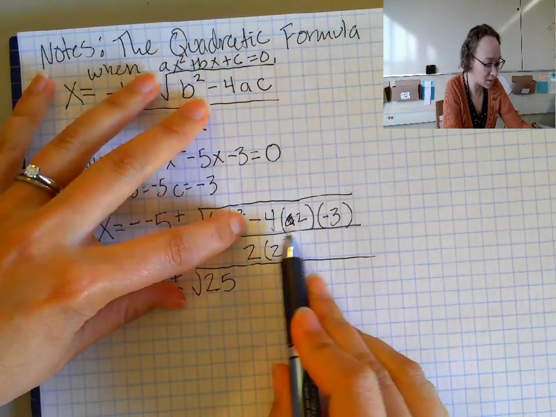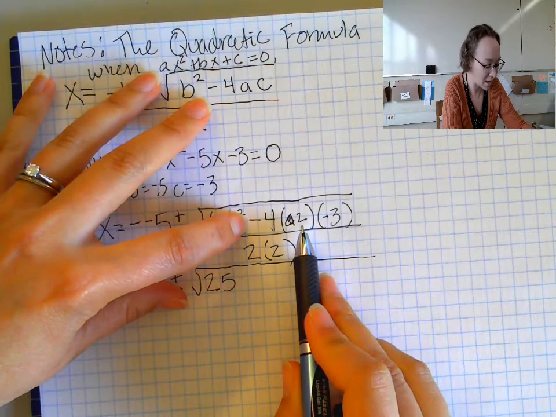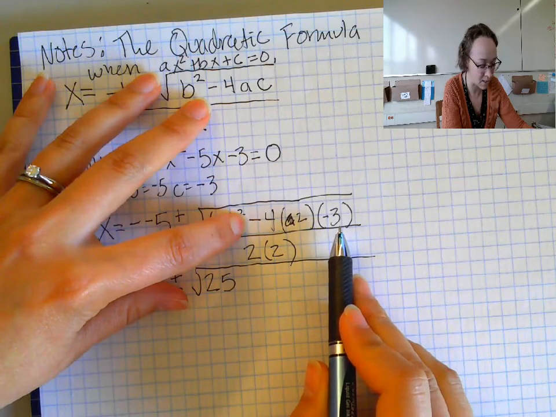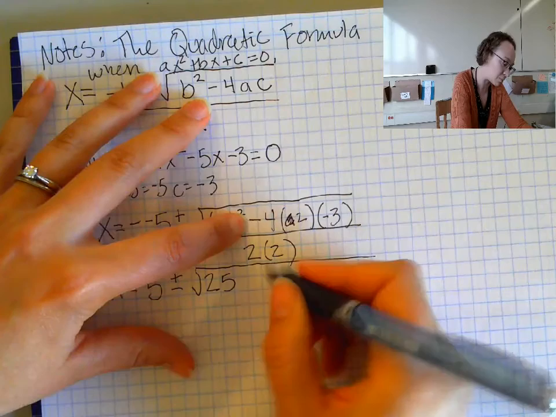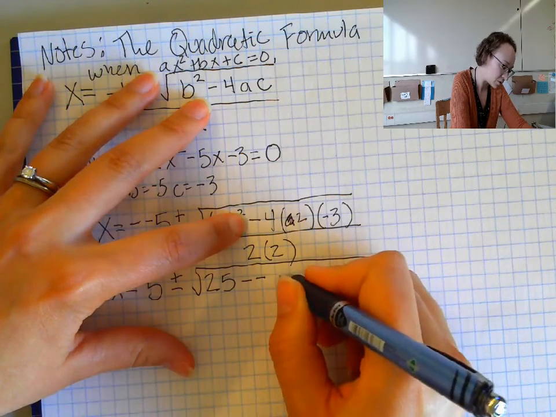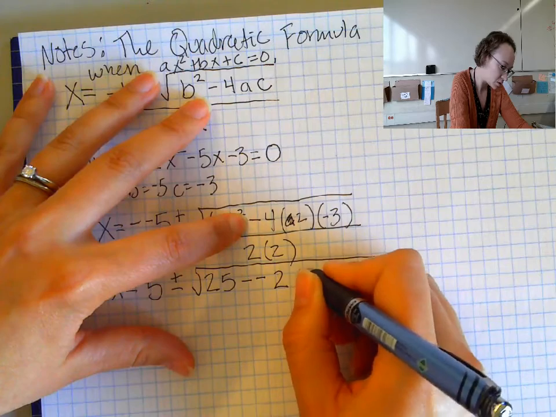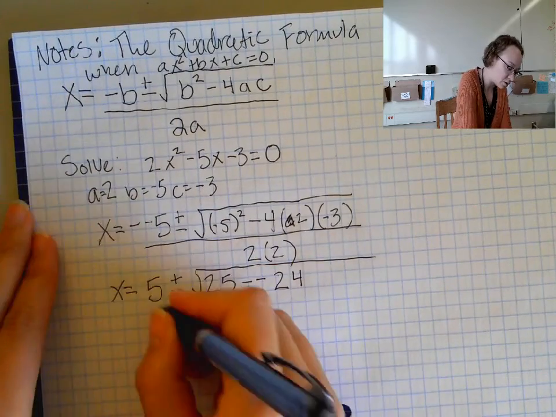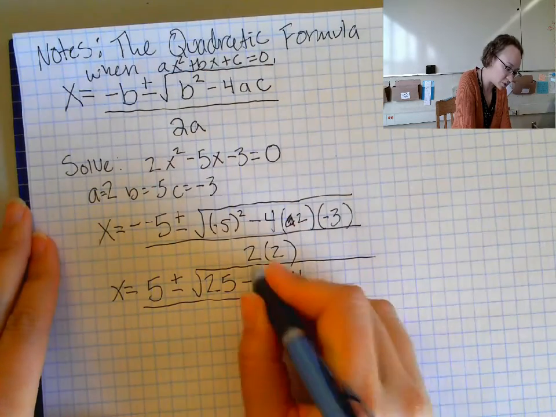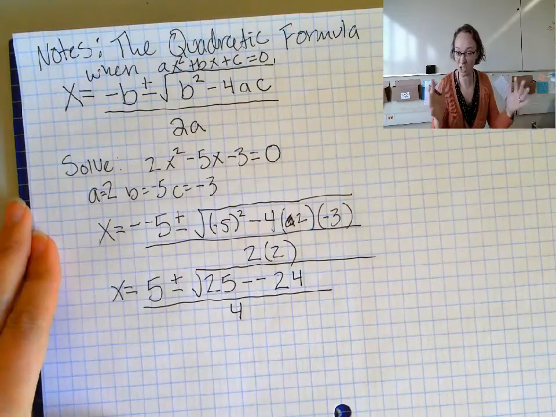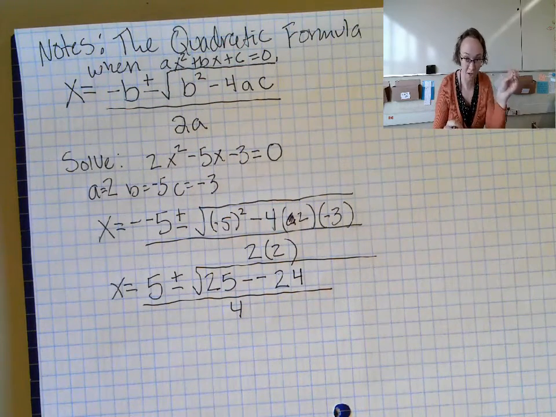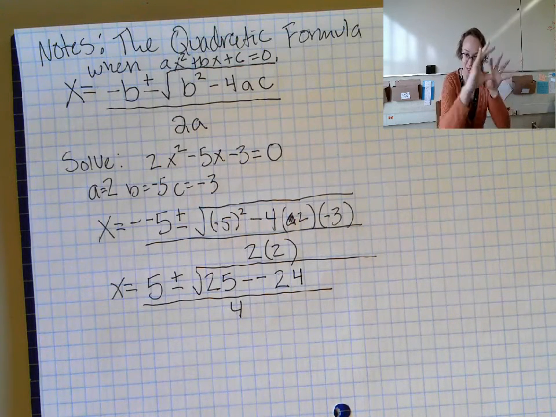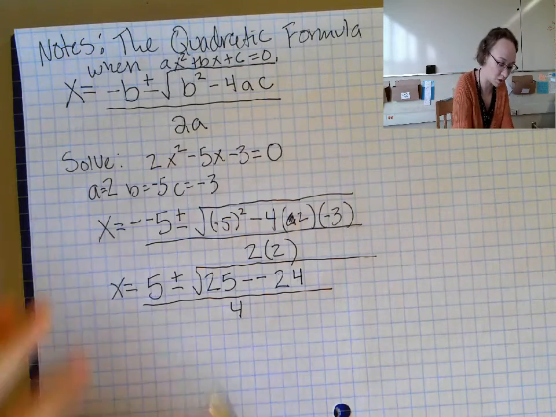So 4 times 2 is 8, times 3 is 24, and then this is minus a negative, so minus negative 24, and then still all over 2 times 2 is 4. So I did a bunch of steps at once. That's okay. Just be careful about your order of operations, right? The things that you're doing first need to be separated enough from each other that they're not interfering with each other.